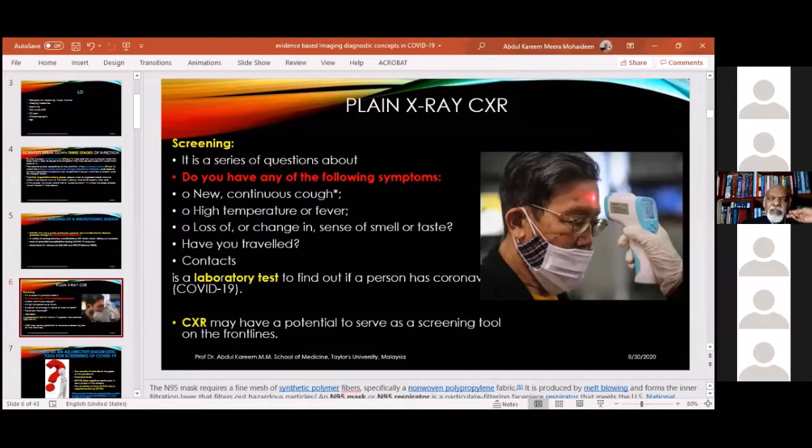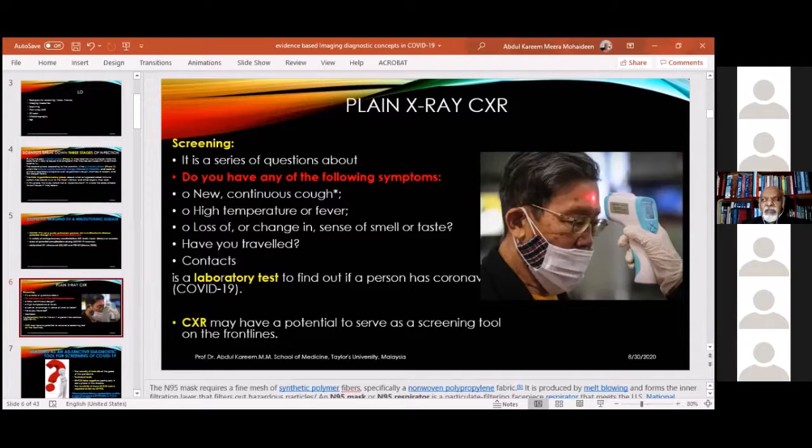It is still in the range of 60 to 70%. When the sensitivity and specificity is in that range, we cannot rely solely on the laboratory test alone. It has been proved that it gives false negative results in the early phase, and also false negatives in advanced cases. So it is not very reliable.